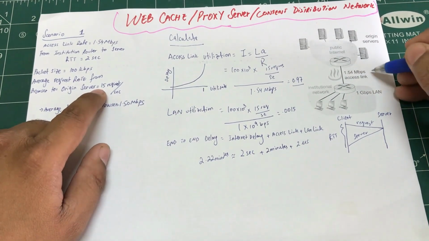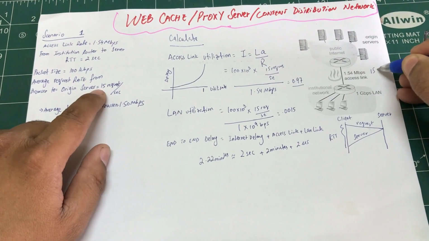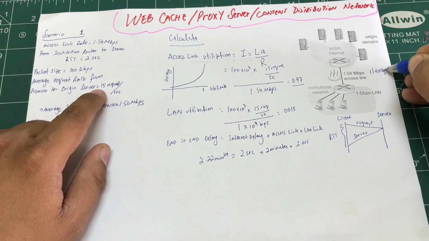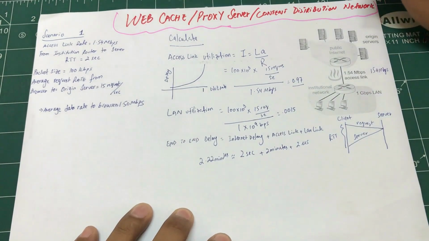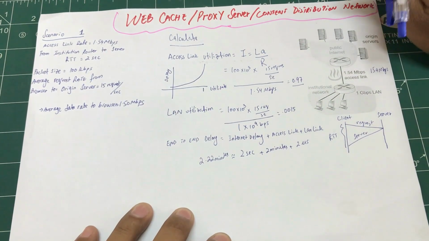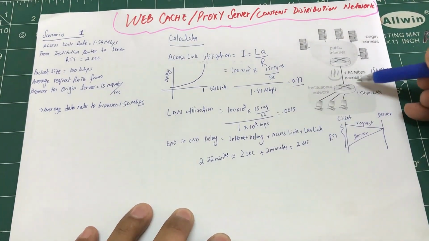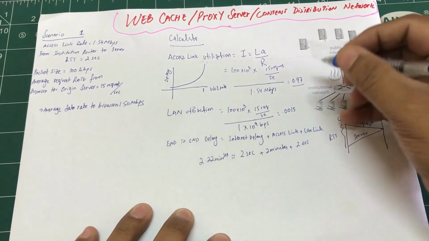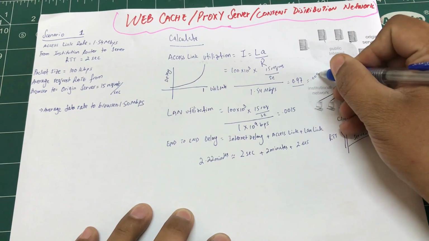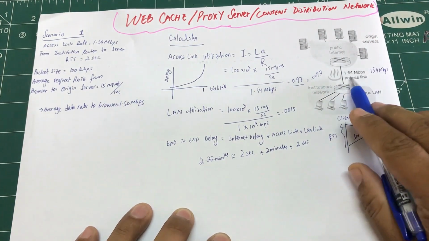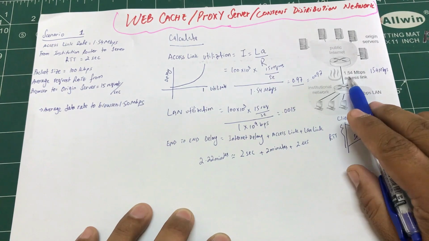For example, if I make this link 154 megabits per second, this delay will tend to go down. As soon as I increase the bandwidth of my access link, this would change to 0.0097, because I have increased it 100 fold.